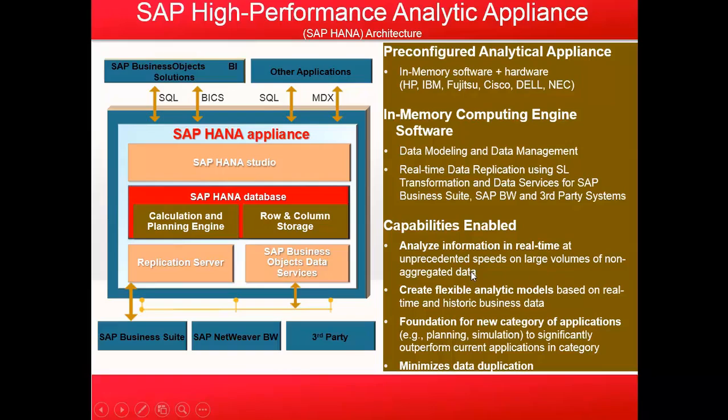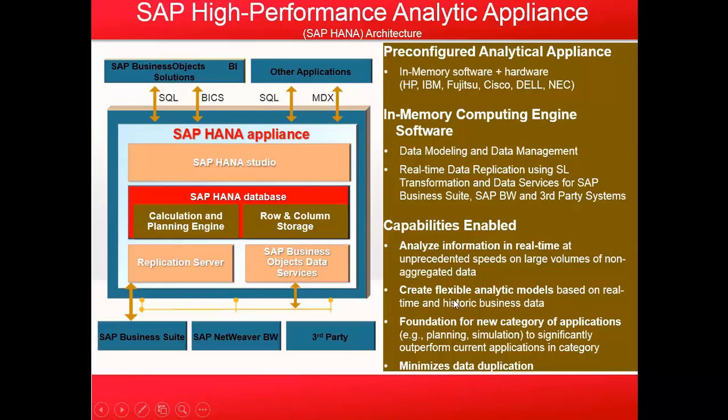So this is one of the key things, that we are getting real-time replication, and it is so fast depending on the amount of memory we have and the way the row and column stores are there, which is analyzing the information, and we have the calculation and planning engine as well.